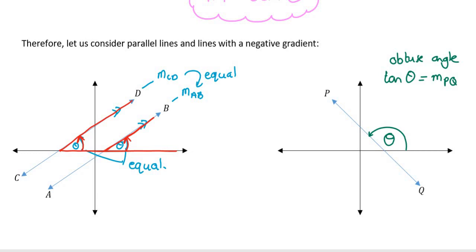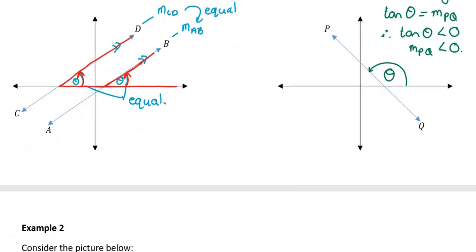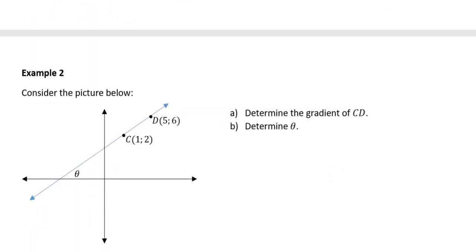Gradient is equal to tan of the angle of inclination, but theta is obtuse. Therefore, tan of theta will be negative. So my gradient is negative and tan of theta is negative. So when tan of this angle is negative, you'll know that you have an obtuse angle because your gradient is negative. Okay, now that was a lot of talking, but it looks easy-ish.